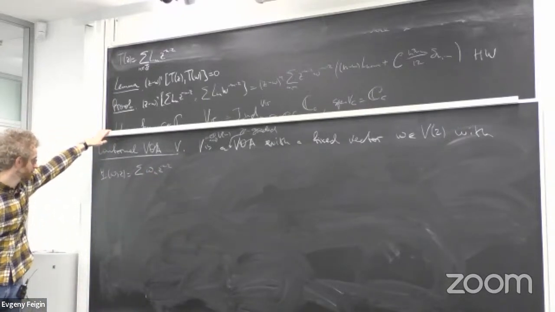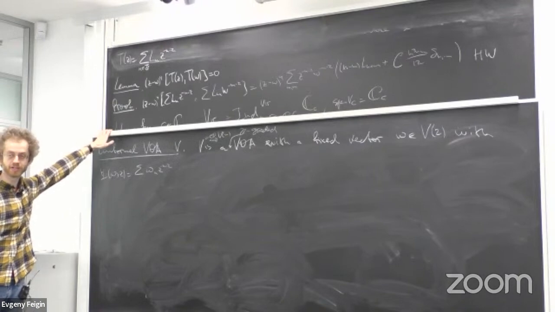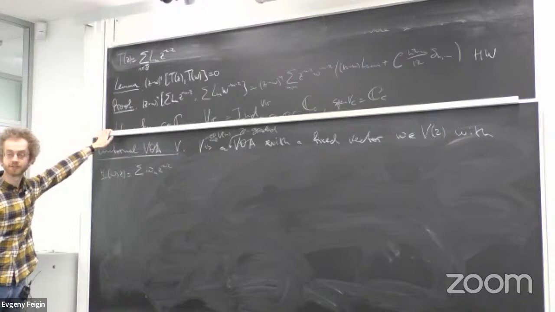So this Y should be a series with coefficients being endomorphisms of V. So each omega n is an operator on V.